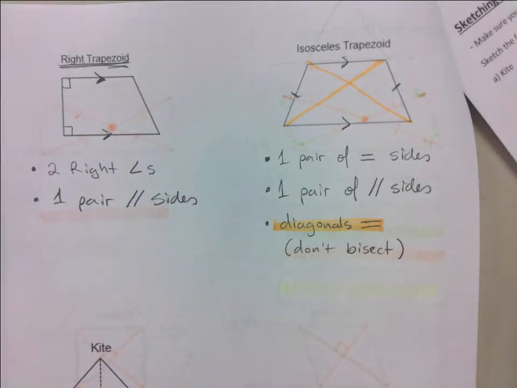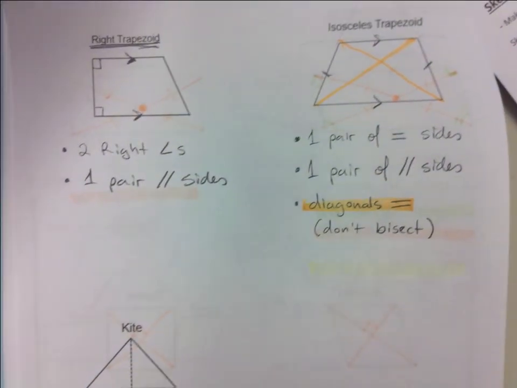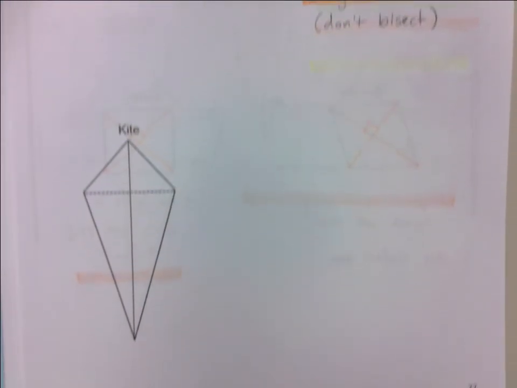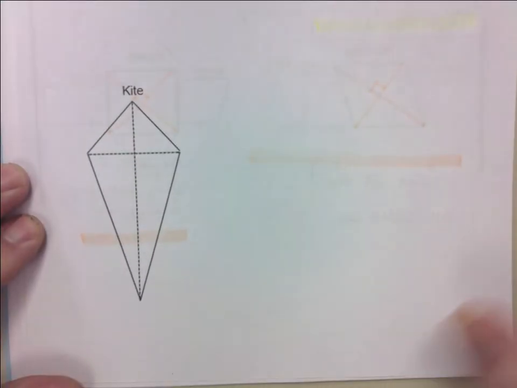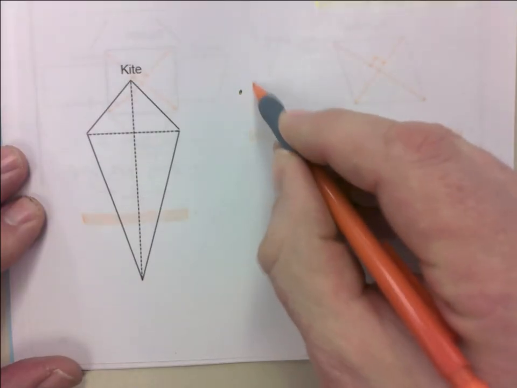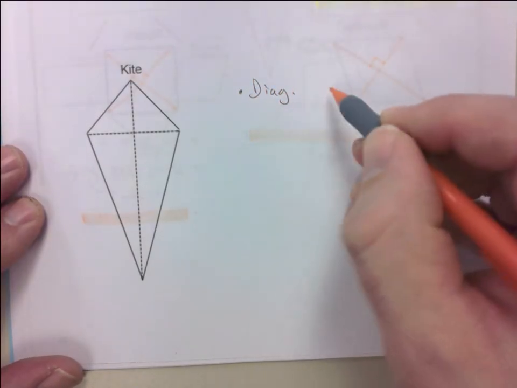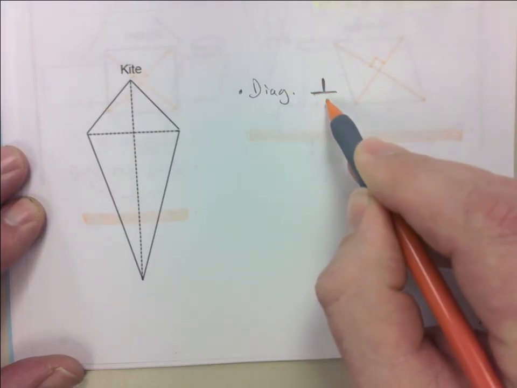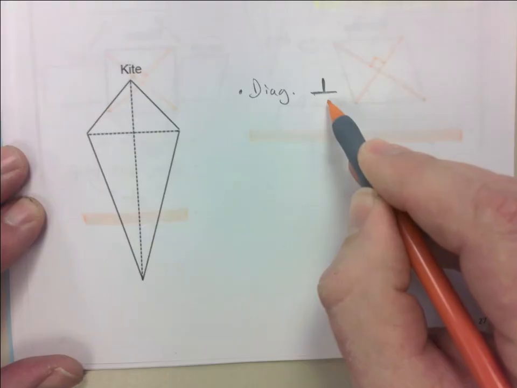And last but not least is the kite. Here's the kite. Diagonals. What does that mean? Diagonals are perpendicular.